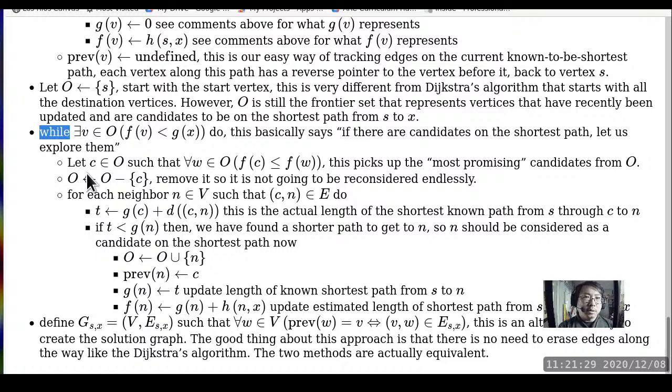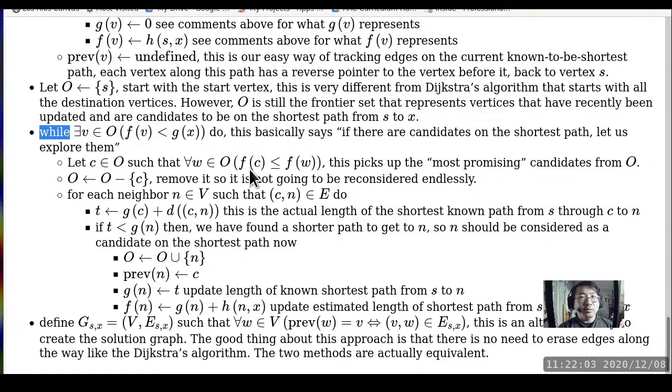So in the A star algorithm, we only use the F value to evaluate which one we should choose. We have a whole bunch of stuff in the set O. Which vertex seems to be the most promising? In Dijkstra's algorithm, we look at the length of the shortest path from a vertex to a destination, and we use that to evaluate options in the set Q. In the A star algorithm, we use the F value, which is an estimate.